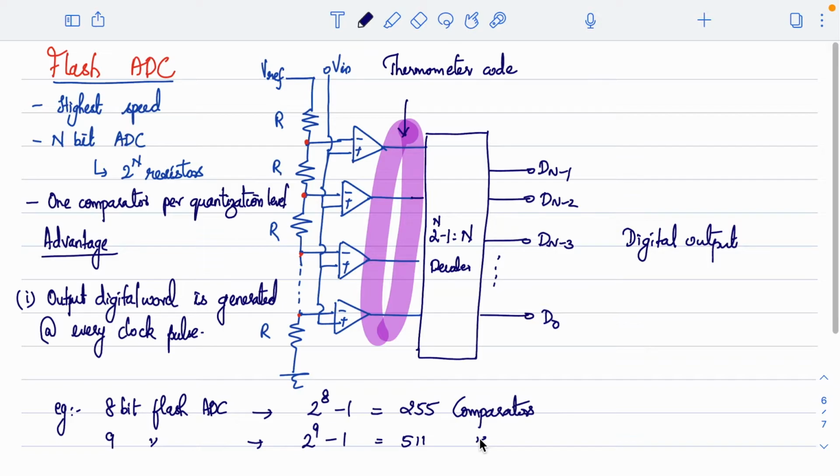For these reasons, the use of flash ADC is generally limited up to 8 bits in CMOS architectures, but that again depends on the requirement we have, right? So this is in general about the architecture of flash ADC. What we have will be a resistor string, comparators, and a decoder circuit, right?